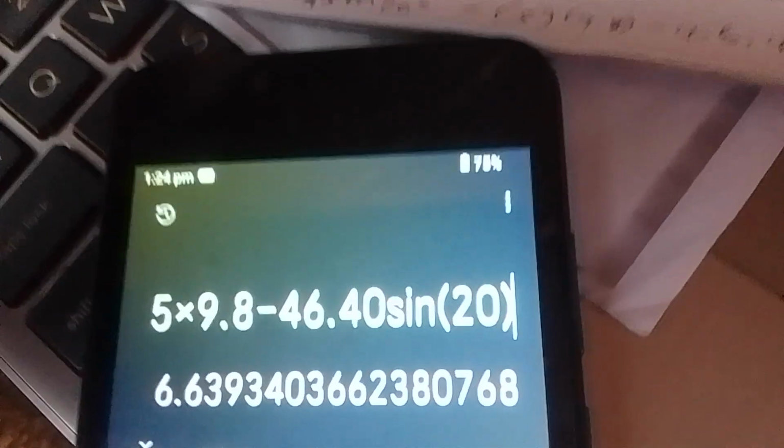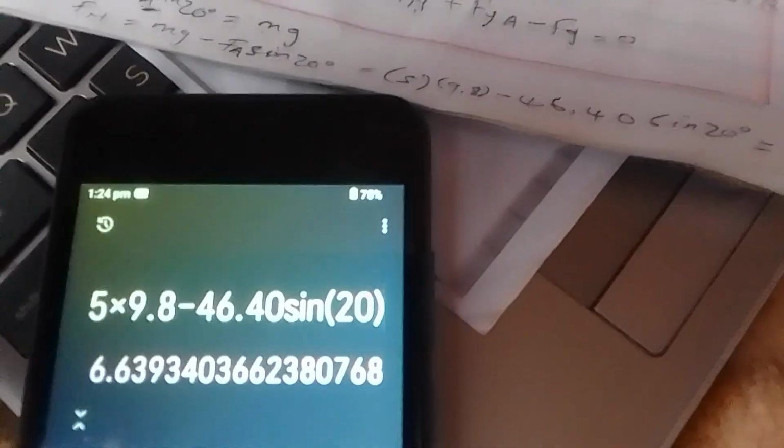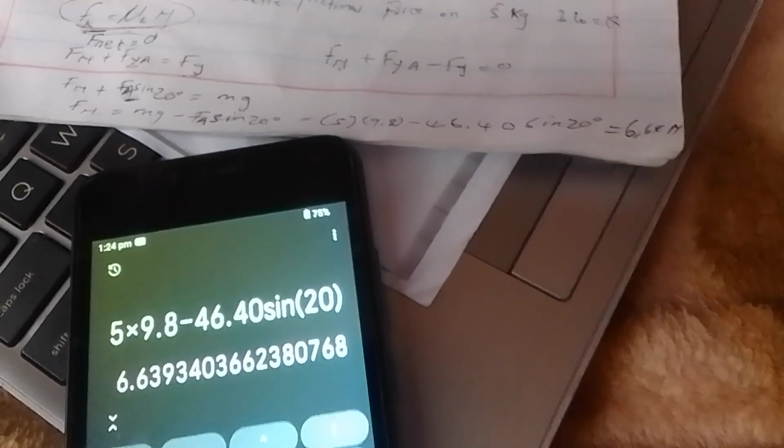Those that have proper calculators, I don't trust this phone, guys. So we found 6,64. Let's just say 6,64 newtons. Why is it so small though, for a normal force? Maybe because there's no acceleration there.